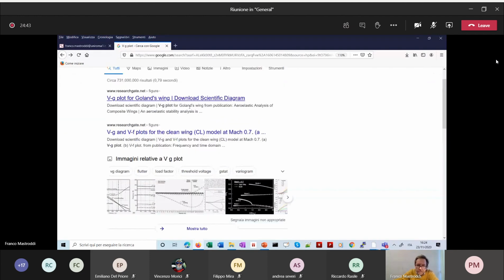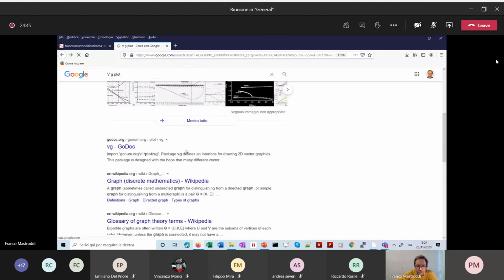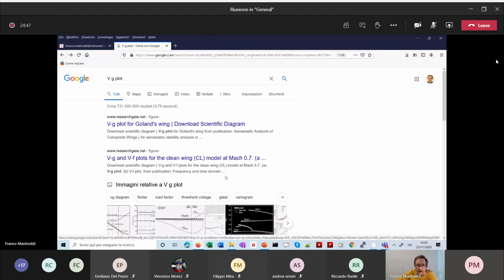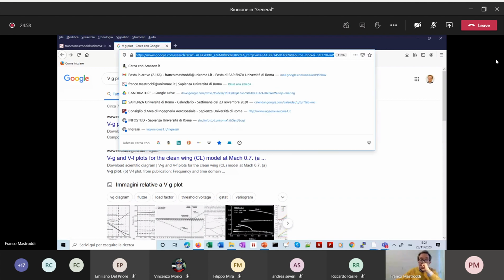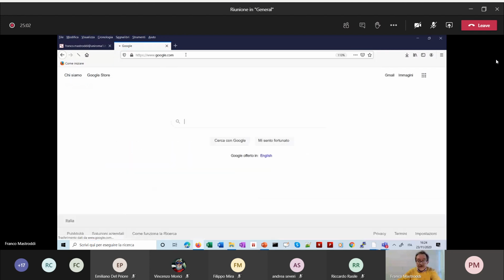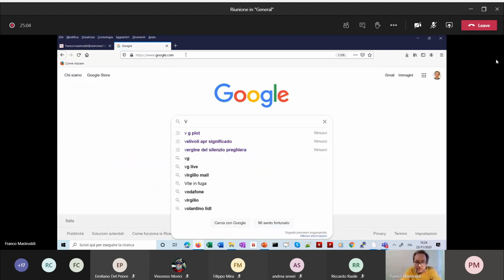It's not easy to find a public VG plot for aircraft because the company essentially does not declare to you the stability of the aircraft.